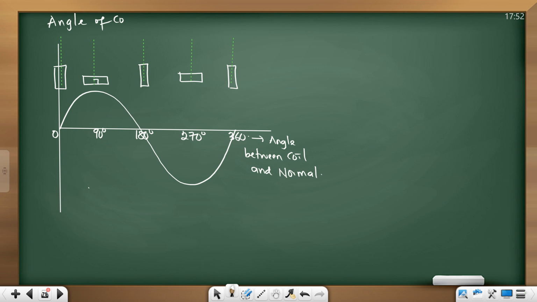That's why we have that. However, I'm going to quickly pinpoint two important points here. Here, the coil is standing vertically between the magnets.